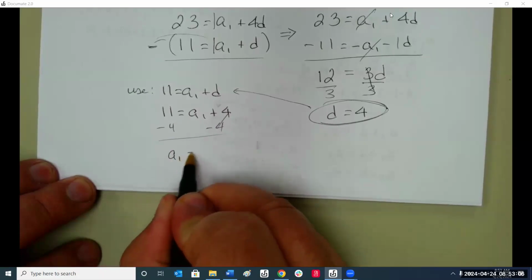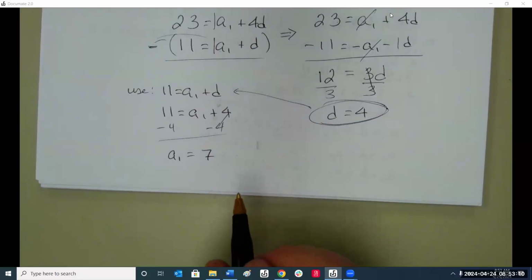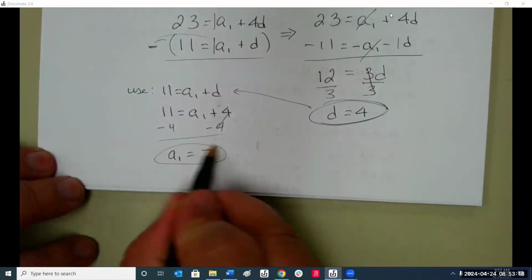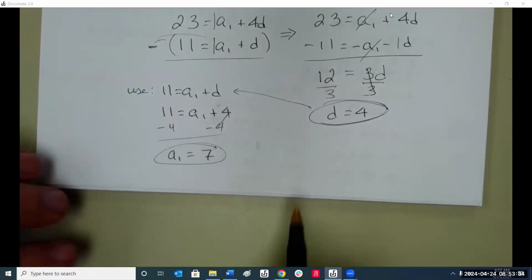So a sub 1 is equal to 7. Remember, all I need is two of the variables to be defined. They're n, a1, and d.